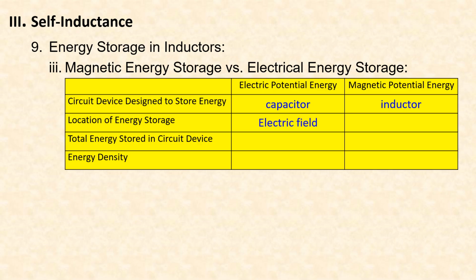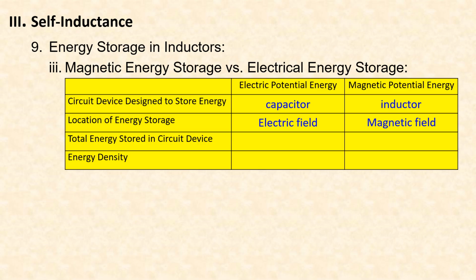For the capacitor, the electrical energy is stored in the electric field between the charged plates of the capacitor, whereas for the inductor, that magnetic potential energy is stored within the magnetic field on the interior of that inductor.